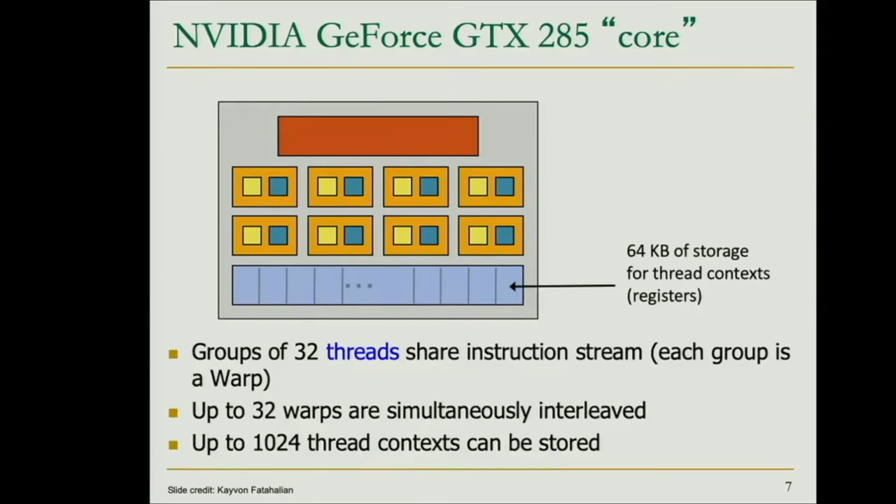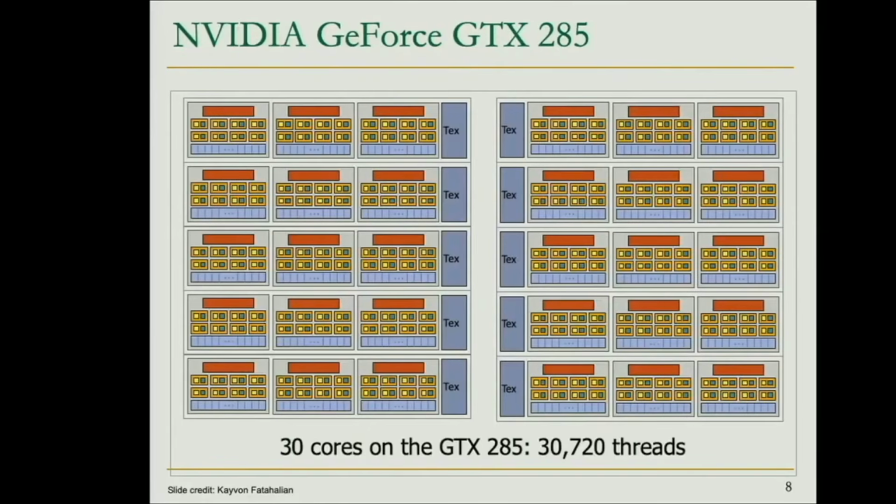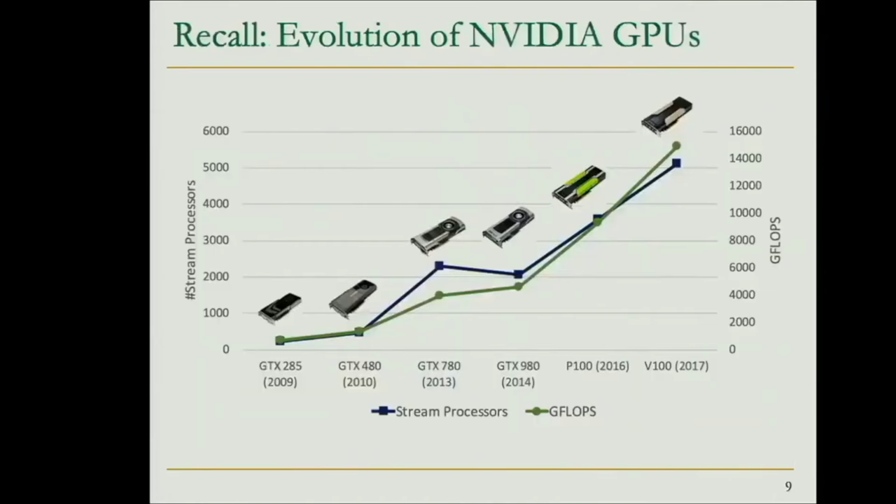And this is like the full picture of the entire GPU, this GeForce GTX 285. And here you can find the 30 GPU cores that the first slide mentioned. And even though the basic architecture is essentially the same, it has evolved a lot in the last 10 or 12 years, right?